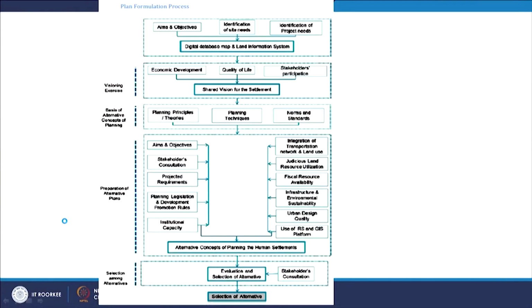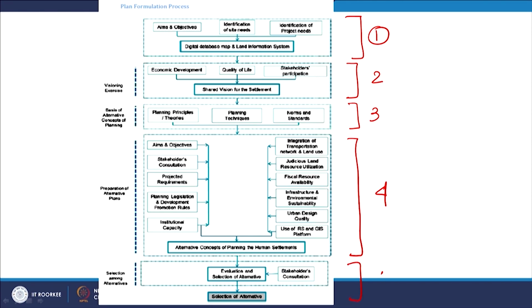Just have a look, even though the picture quality is not very good, I will share the PDF document with you. This is the typical plan formulation process for any urban area. In this process, you can see this is stage 1, 2, 3, 4 and 5 stages.